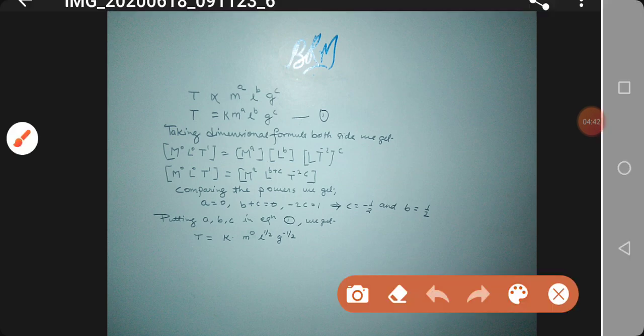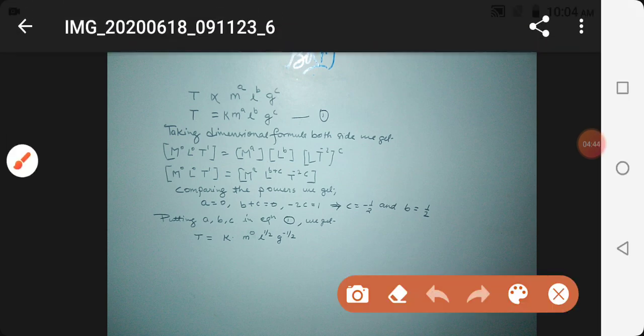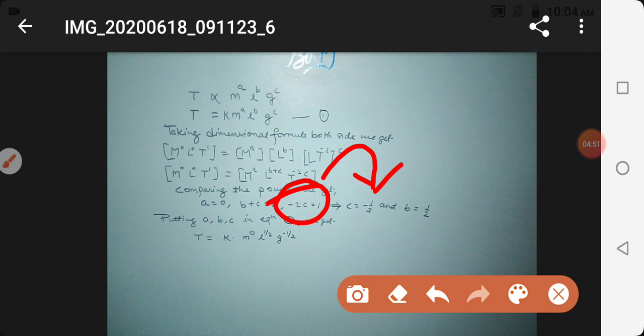And when we put c is equal to minus 1 by 2 in the equation b plus c is equal to 0, we get b is equal to 1 by 2. You can calculate it on a rough page. You will find these two things: c is equal to minus 1 by 2 and b is equal to 1 by 2.